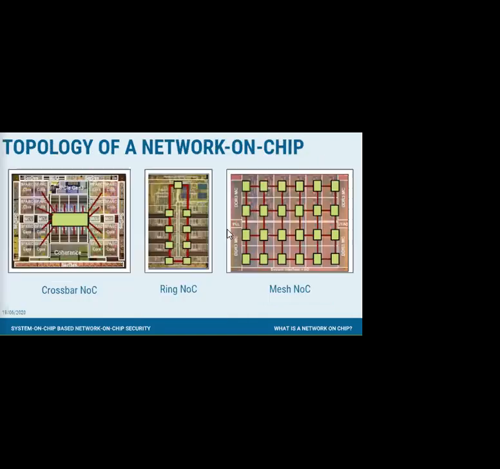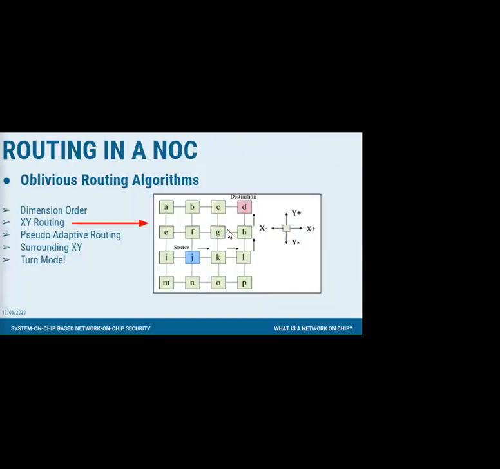And I think now you know that there are different topologies, that means the ways that we can communicate, the paths that we can have to communicate with the IP cores. These are three types of topologies, and I think now you know what a mesh topology is.